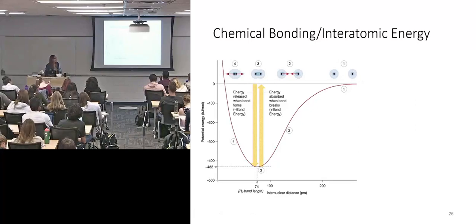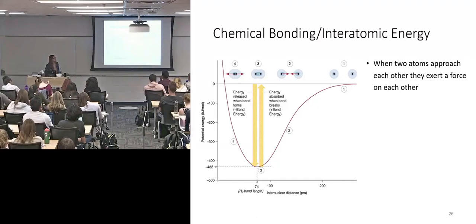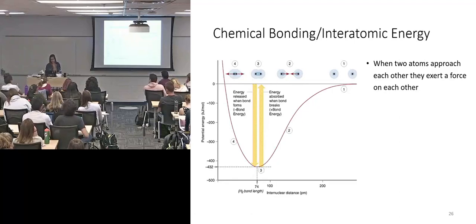As they get closer together, they're going to exert a force on each other. Initially, this will be an attractive force until we reach some ideal point, okay? Some interatomic spacing that is idealized, and as you push these 2 things even closer together, they'll now exert repulsive forces on each other. They're just literally in each other's space.